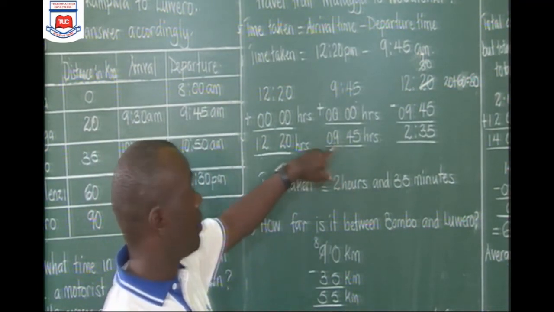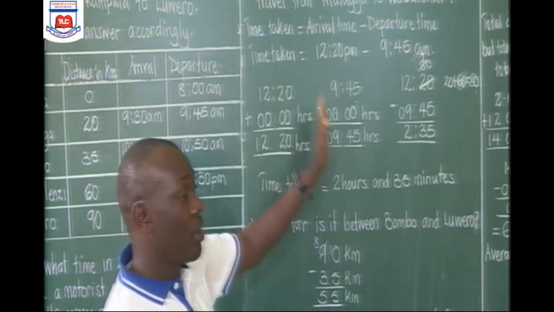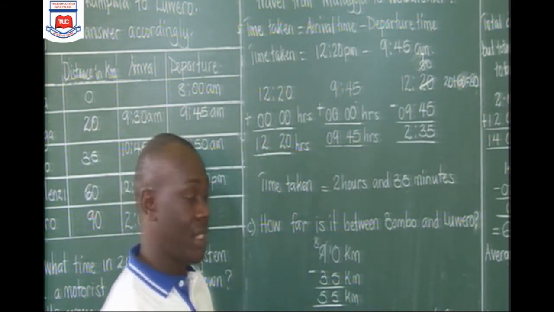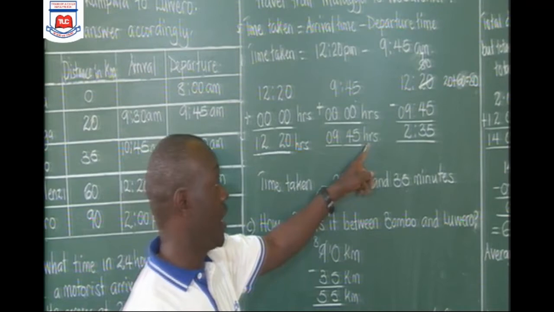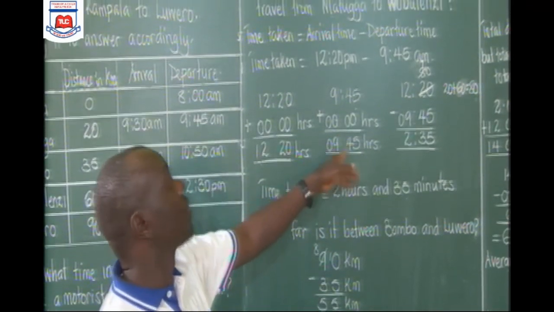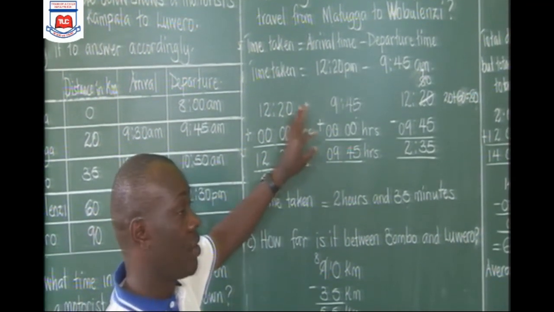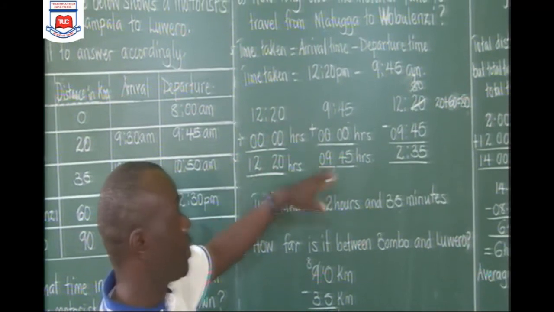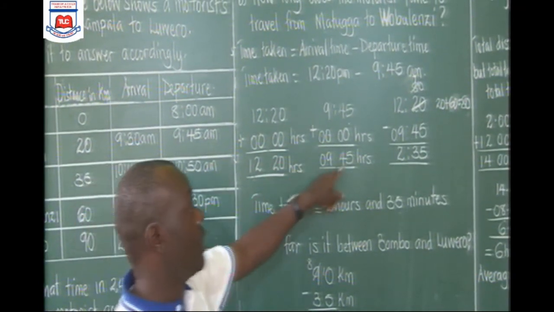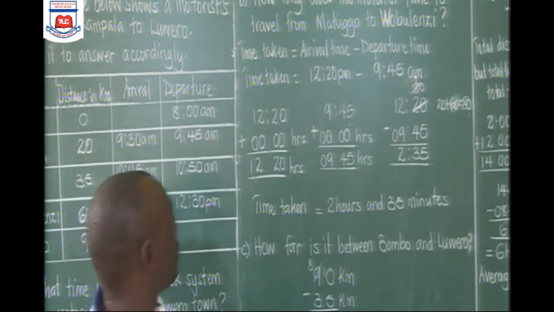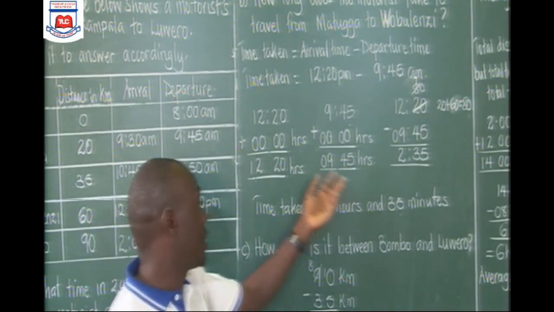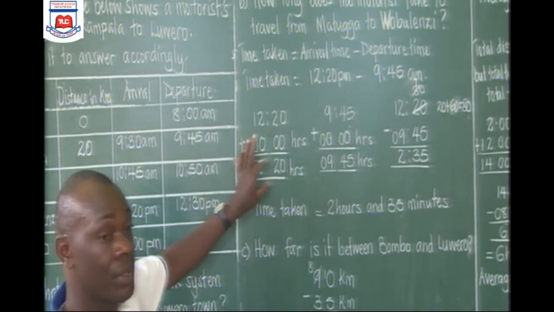It is by law that you must have 4 digits in writing a 24-hour clock system time. When you are tempted into writing 3 digits, the 0 will then read the whole story and then write 09:45 hours. Now that both are reading hours, then you can proceed to subtract.